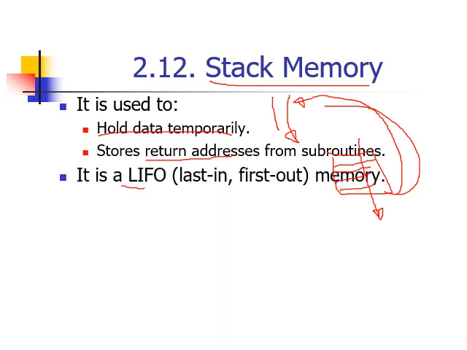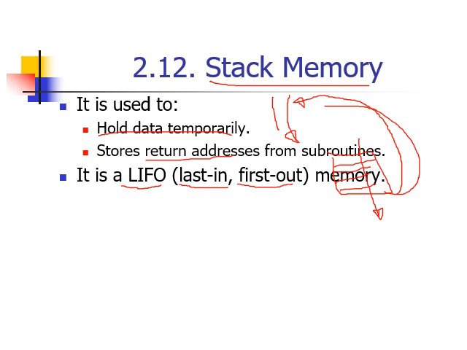The stack is of a LIFO type kind of memory, so the last byte that is stored in your stack is the first to go out. Because if you have, let's say, 3 nested loops, and you go from the first loop to the second to the outer loop, when you come back from the subroutine, you go first to the outermost, then the middle, then the innermost.